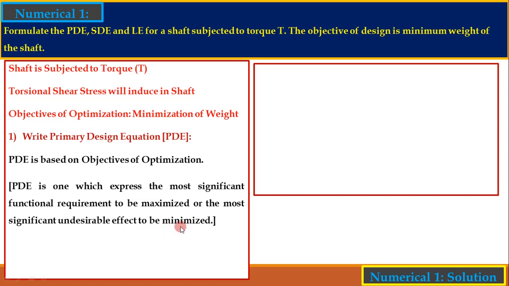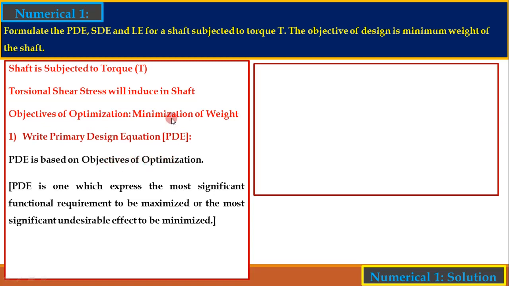That means this functional requirement parameter to be maximized or minimized will be represented in the objective, and the objective of optimization is the minimization of weight. So the PDE is always based on the objectives of optimization.